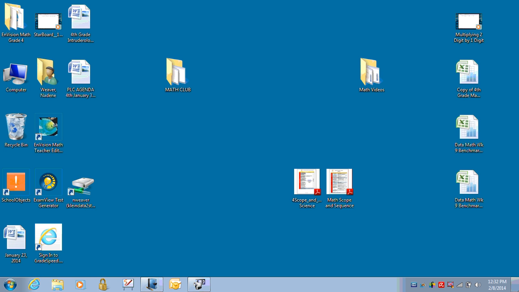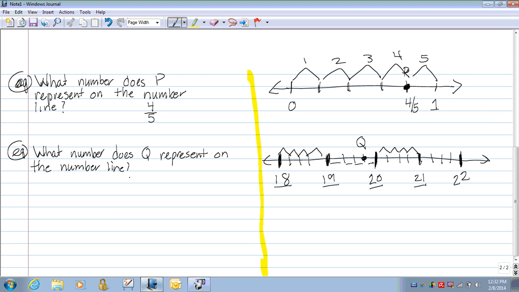So I can see that this number line is in 4 equal parts. That will be in my denominator of the fraction. Point Q is right here. So from here to here would be 1/4, 2/4, 3/4. So point Q is at 3/4.